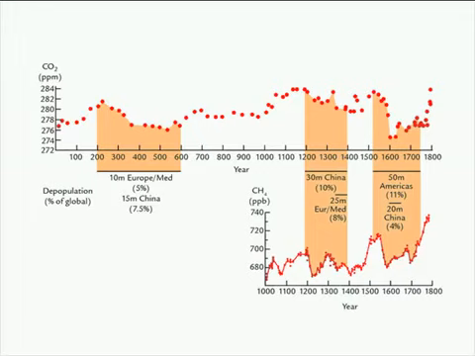He actually went back and dug out some of the historical data that people had assembled in the late 90s. The name just escapes me, but somebody from the UK had compiled a lot of data on early land use.